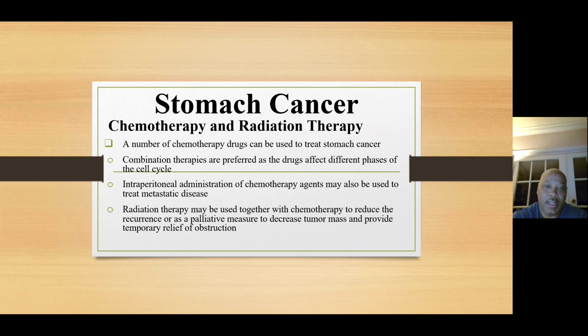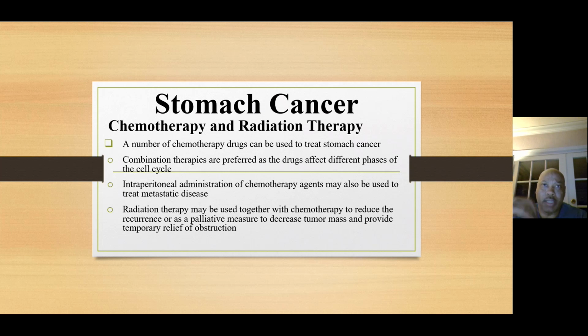Now, radiation therapy may be used together with chemotherapy to reduce the recurrence or as a palliative measure to decrease the tumor mass and provide temporary relief of, let's say, an obstruction in this case. These cancer cells grow, all right?